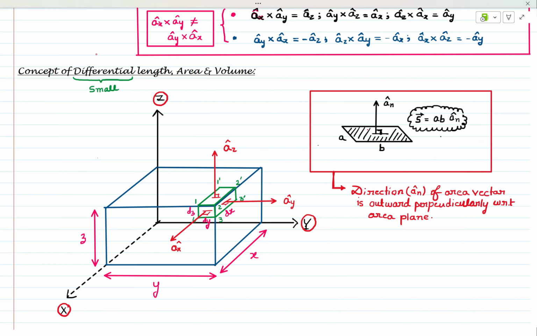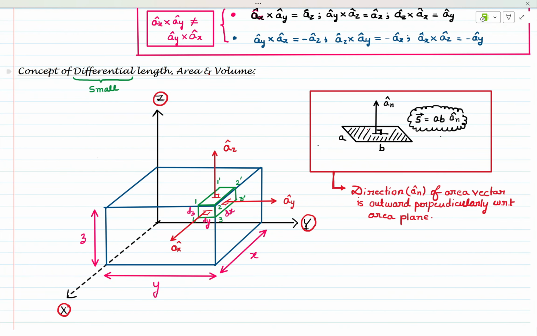A three-dimensional block only has the differential length, area and volume. Any surface or any straight line doesn't have all these parameters. So that's why I have considered a small block here, because only by considering this small block can I talk about length, area and volume, all these three parameters.